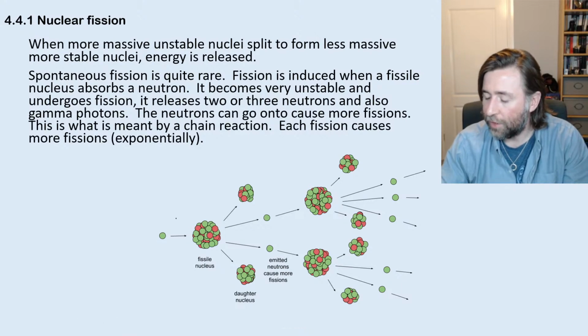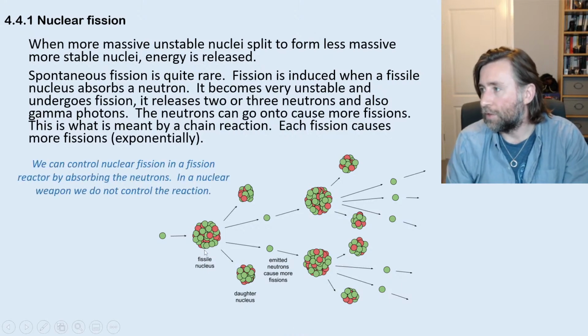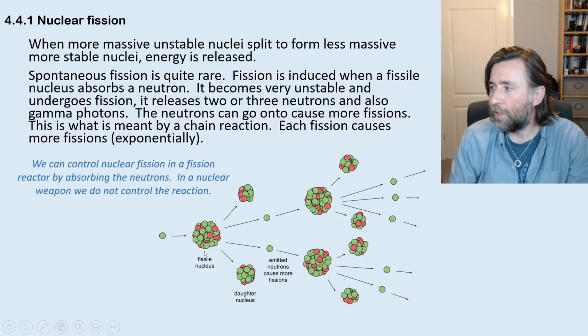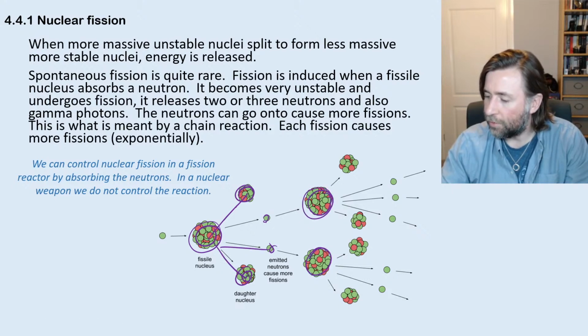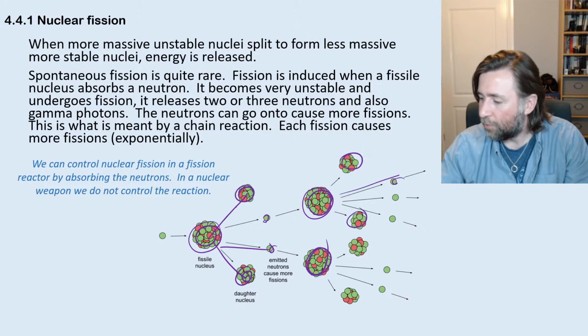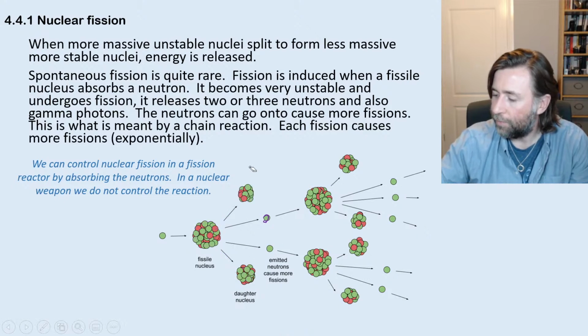So fission happens when a neutron is absorbed by a fissile nucleus, a large unstable nucleus. The large nucleus splits into the smaller ones, and some neutrons are emitted. Those neutrons hit other large nuclei which split into smaller ones, which release more neutrons, and so on and so forth, and you get this chain, and we call that chain a chain reaction.